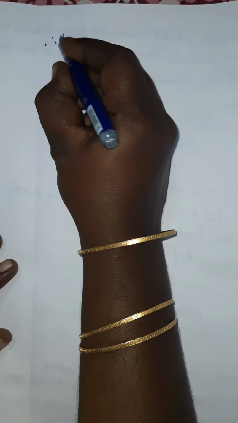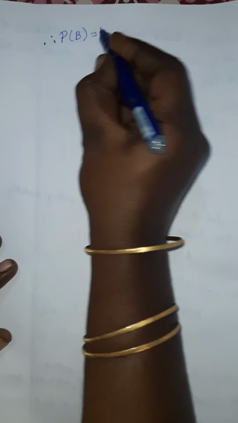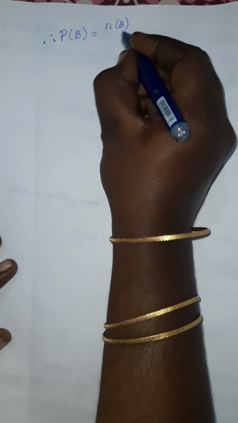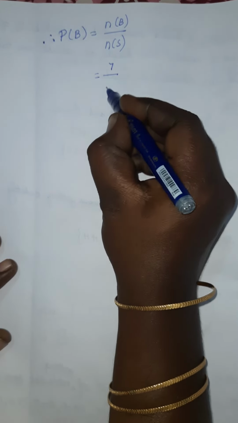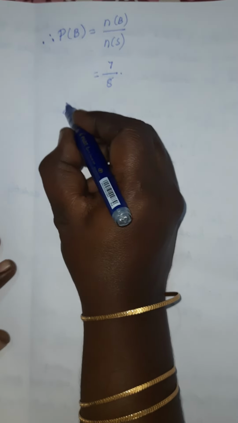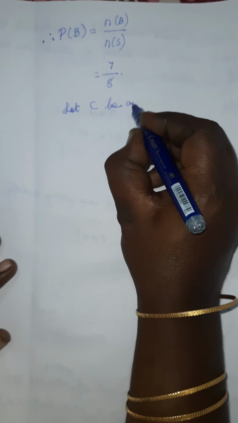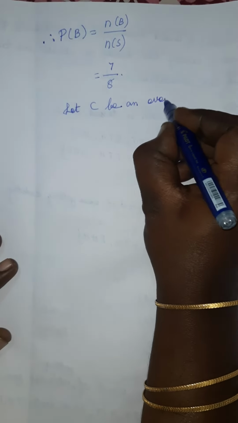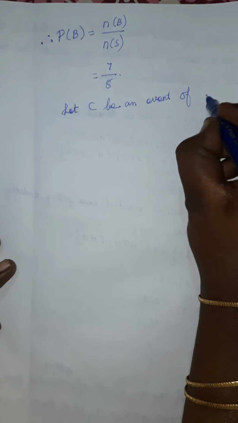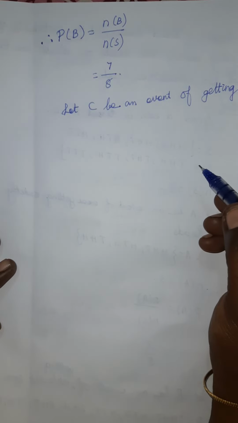We can continue to find out the P of B now. Therefore, P of B is equal to n of B divided by n of S. n of B is 7, so 7 divided by 8. Next, third event, let C be an event of getting two consecutive heads.